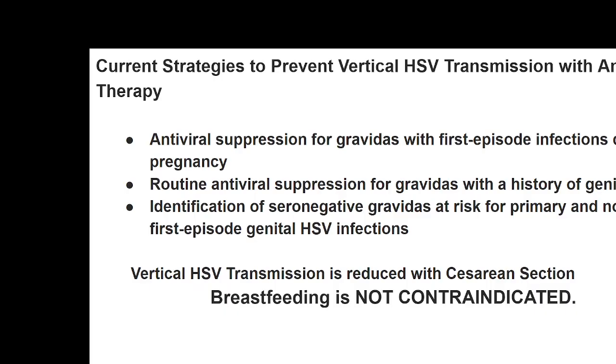Now, current strategies, the WHO guideline to prevent vertical transmission, is with antiviral therapy, and antiviral suppression for pregnancy with the first episode infection during pregnancy is the most recommended one. Routine antiviral suppression for gravidas with the history of genital HSV, identification of seronegative gravidas at risk for primary and non-primary first episode genital HSV infections, and vertical transmission is reduced with the cesarean section.